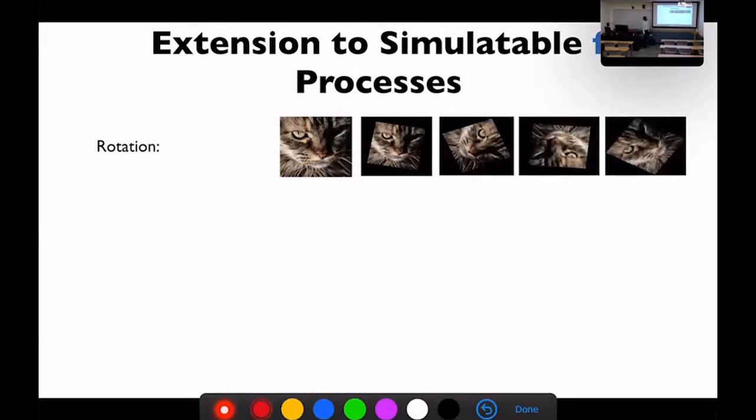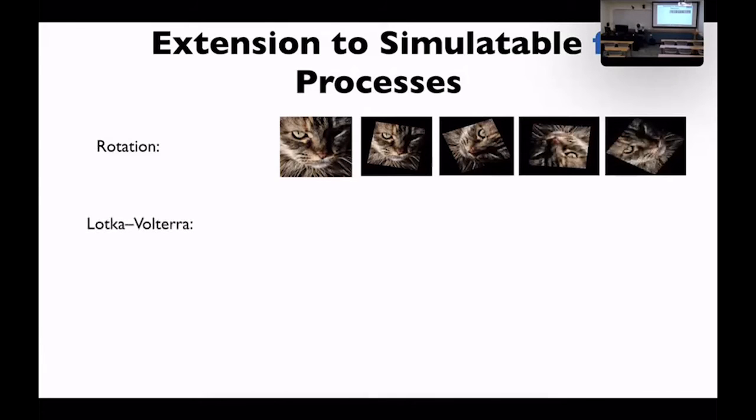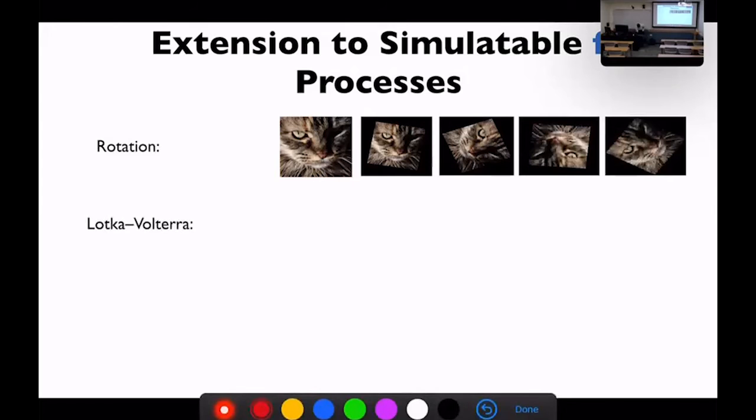pixels. So there's the first row. What I'm showing you is the image of a cat that is rotated by a certain angle about the center. The center remains the same, so it's rotating about the center, in a clockwise direction.